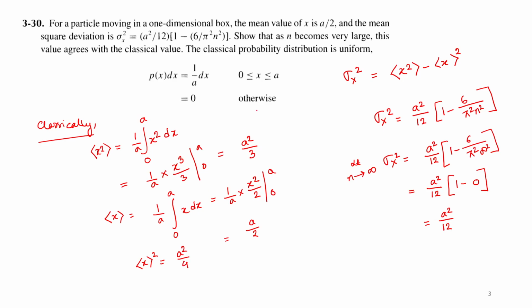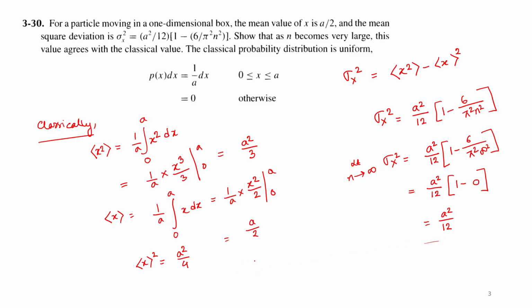First, you see that the mean value of x is a by 2, which we know from earlier, L by 2. Classically we are also getting that, but there is no n dependency on that. Where the n dependency is there is in the mean square deviation. So from the quantum mechanical perspective, when n is very large, near infinity, this becomes a square by 12.